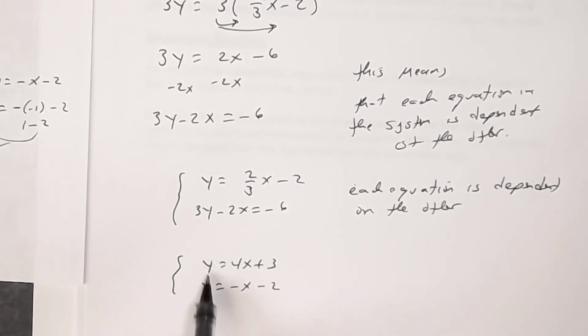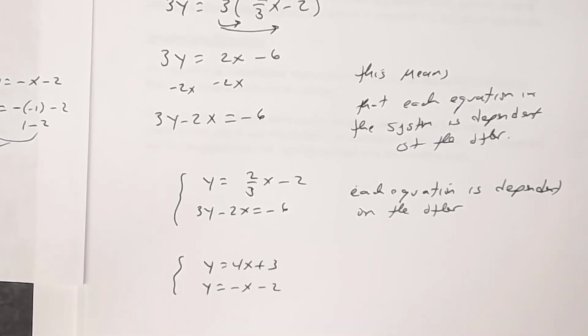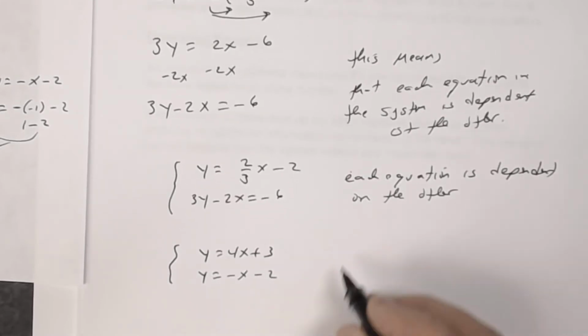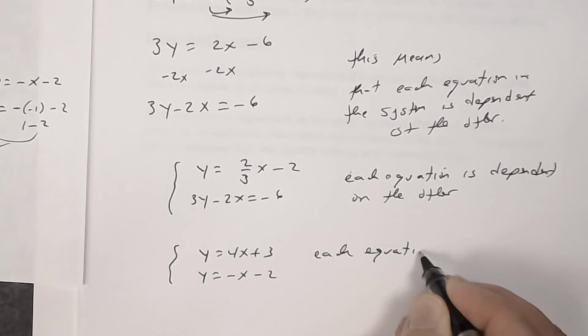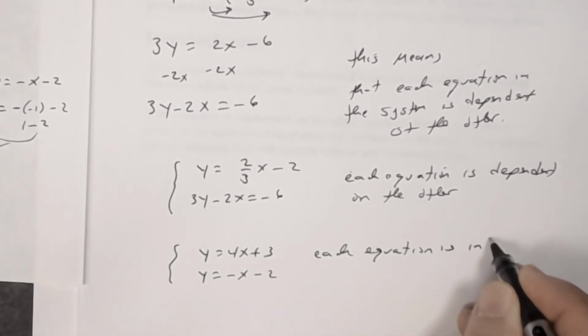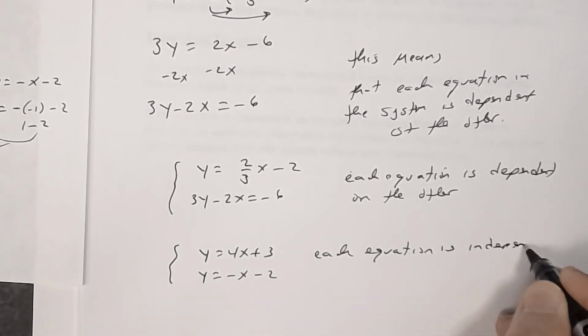And the reason is because these are the same coefficients, right? So if I multiplied this by 2, then I would have to multiply this by 2, which means that these sides would be different. So each equation is independent of each other.